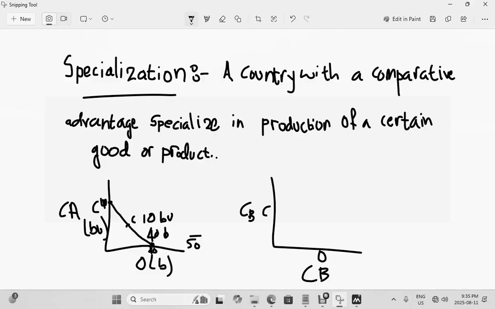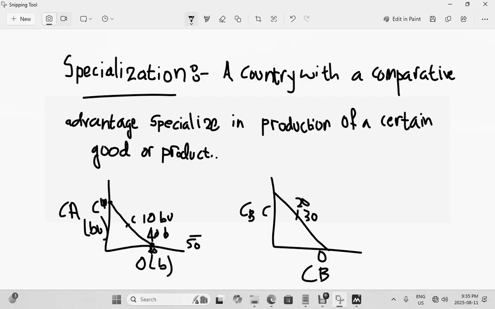Over here, country B decides to trade, and let's say they have 20 bushels of corn and 30 barrels of oil, which means they're better at producing oil than corn. They have a comparative advantage in producing oil.